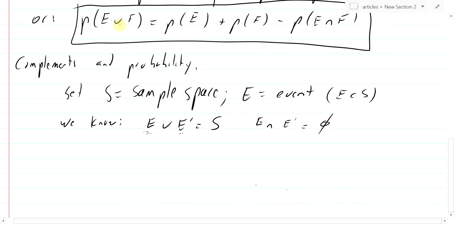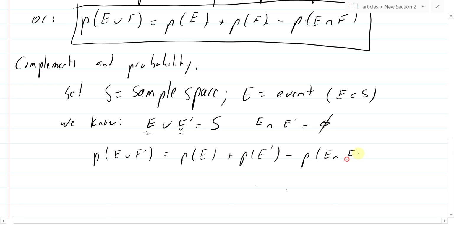So applying our addition principle for probabilities, we know that the probability of E union E prime is the probability of E plus the probability of E prime minus the probability of E intersection E prime.